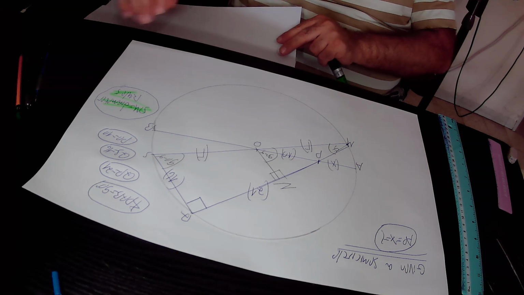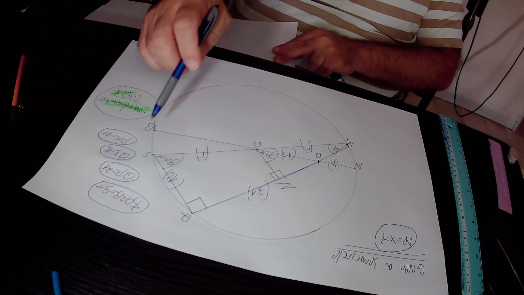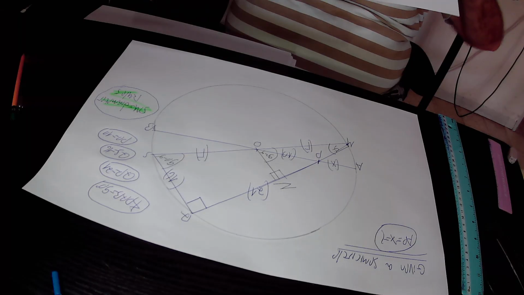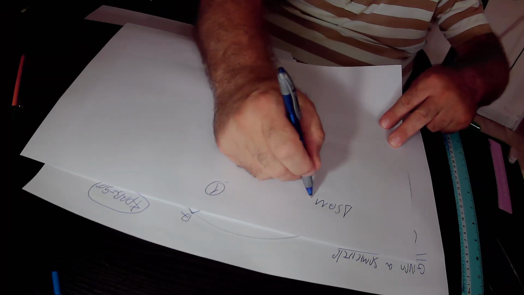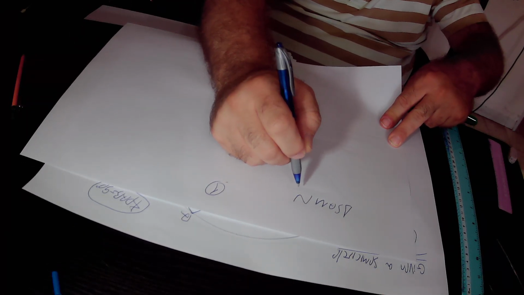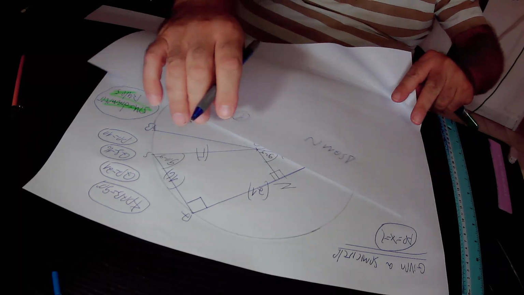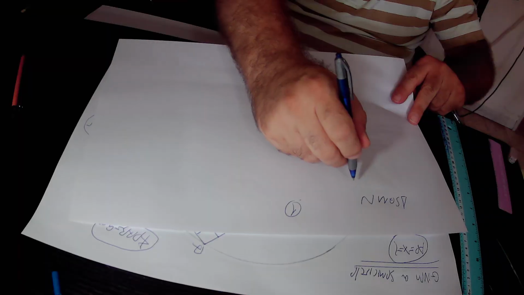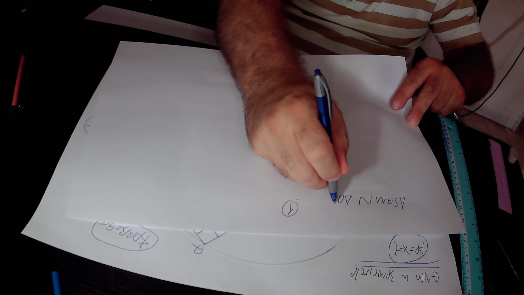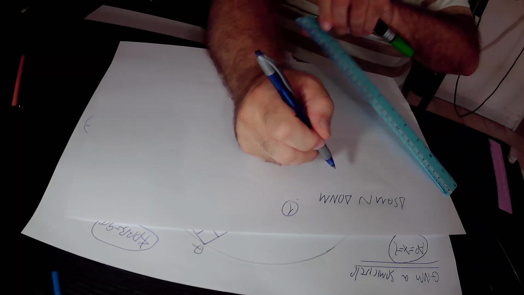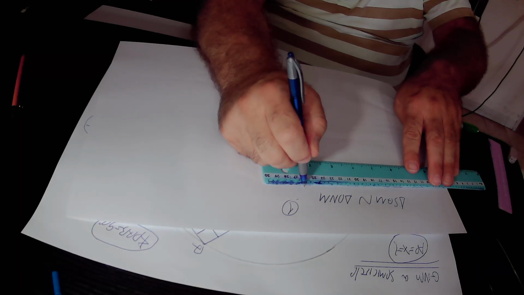So I write it down. We found out that the big right triangle SQM is similar, this is the sign of similar, to the small right triangle ONM, according to the angle similarity rule.